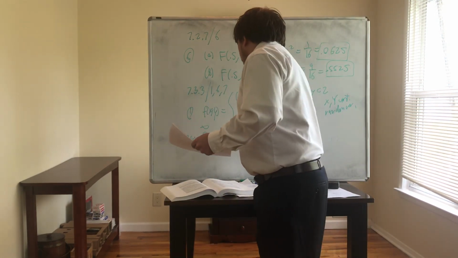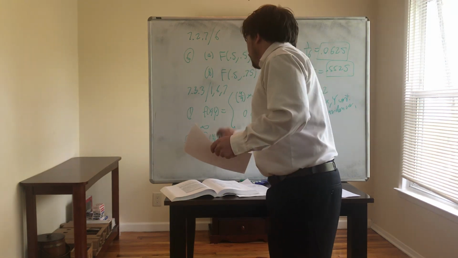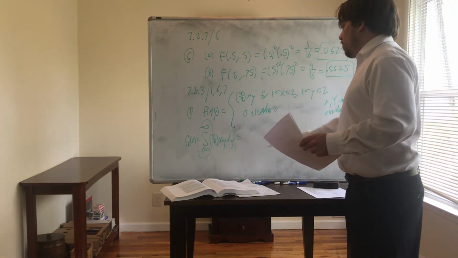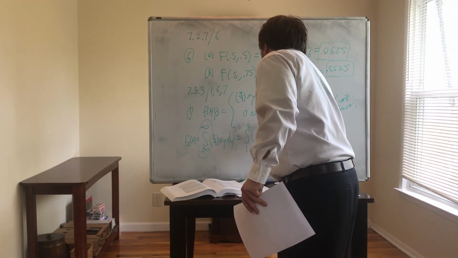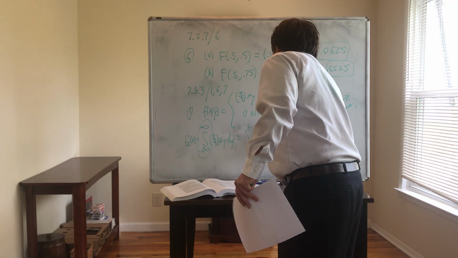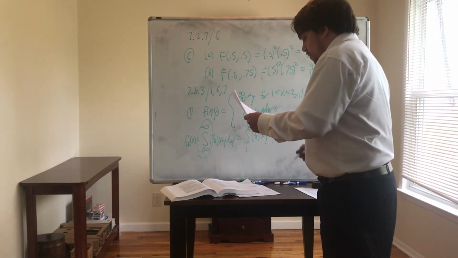Actually here it's from negative infinity to infinity, but we see that the y values only go from 1 to 2, so we can restrict this from 1 to 2, 4/9 xy dy. And when you compute that definite integral, you'll get 2/3 x.